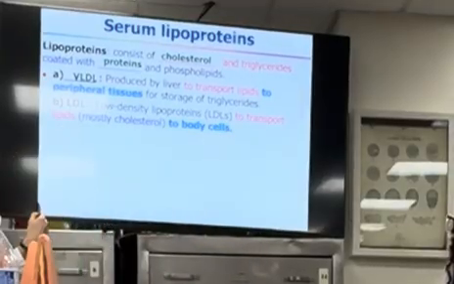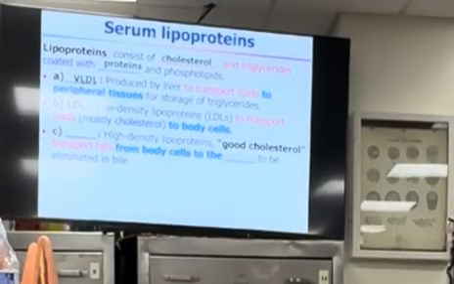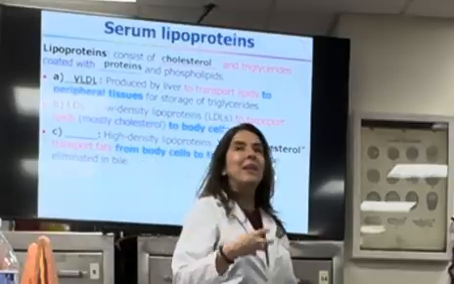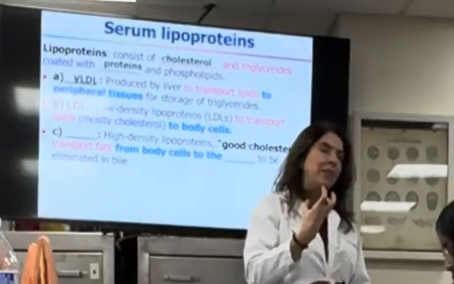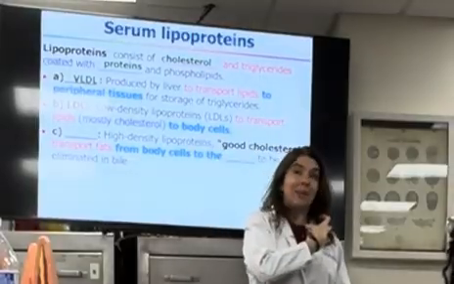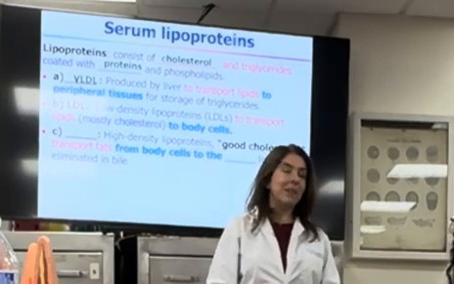LDL, same thing, they transport lipids to body cells. HDL, on the other hand, is called the good cholesterol. Why? It's kind of like the garbage truck that takes lipids from my blood vessels to the liver, and the liver gets rid of it. Okay, that's why it's good.